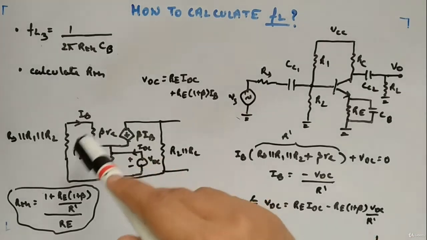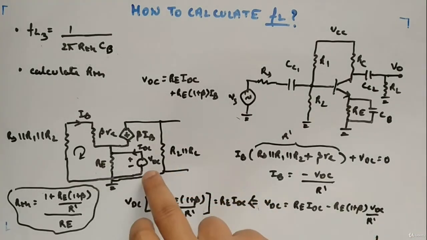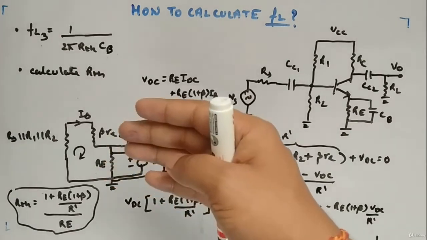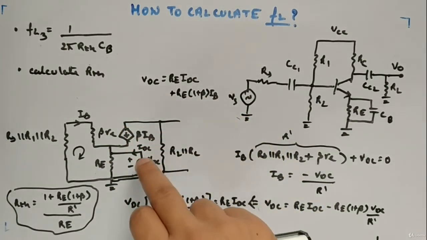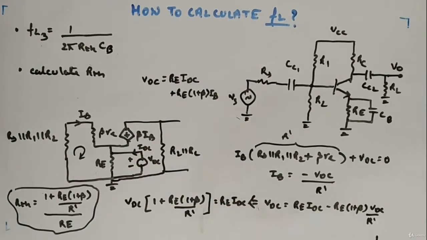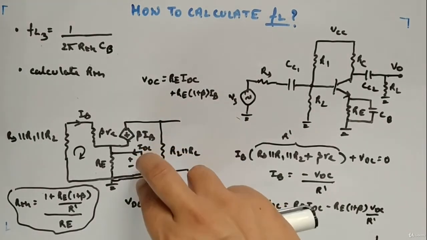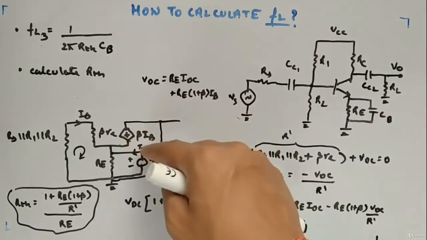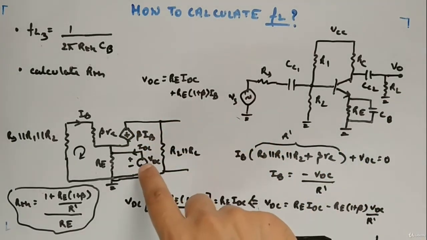So this is the equivalent circuit that will be made, and since the expression of RTH will not be straightforward, I am using the VDC and IDC approach. I have kept a VDC voltage across this RE, replacing CB with VDC, and IDC is the current flowing from VDC.